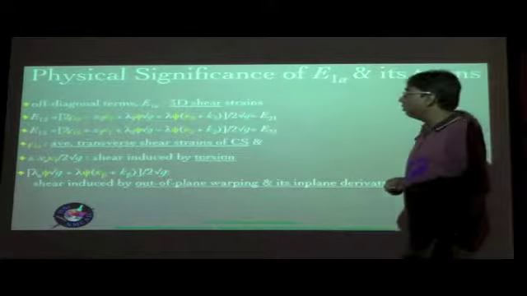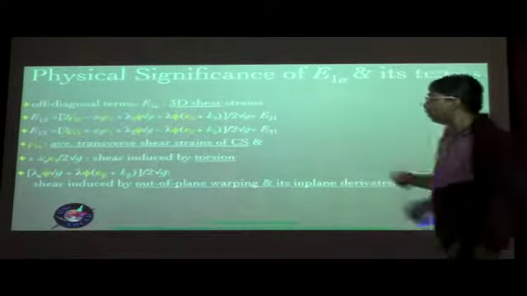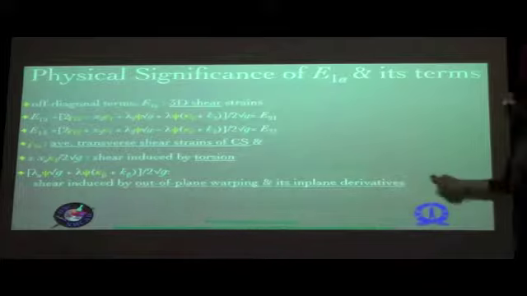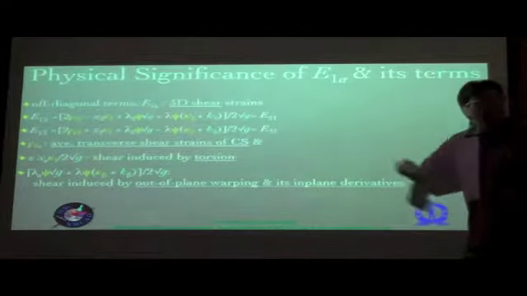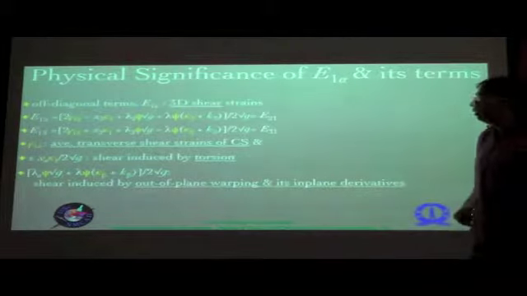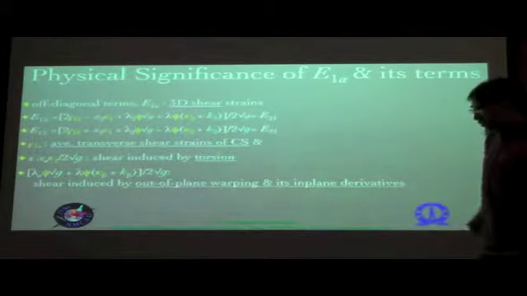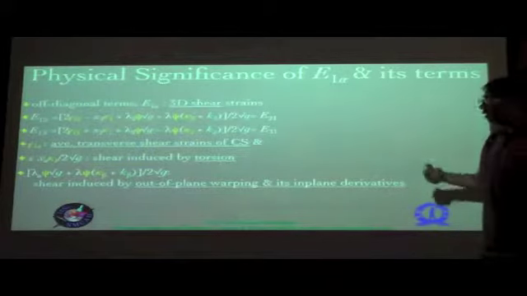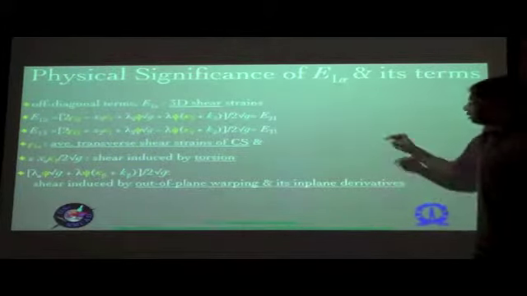Next, we have the contributions because of the out-of-plane warping. And again, this is another part which is pretty well known, because for non-circular cross-section, St. Venant's warping or out-of-plane warping is the leading warping, and that is well understood for quite a few cross-sections, even in the non-VAM related literature. So the shear induced by out-of-plane warping and its in-plane derivatives.